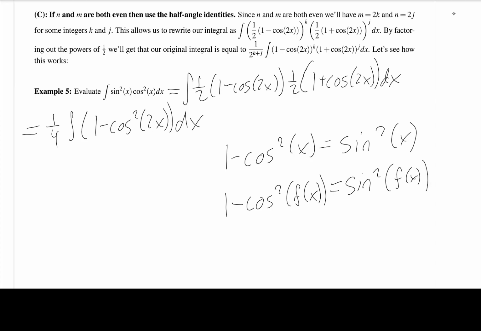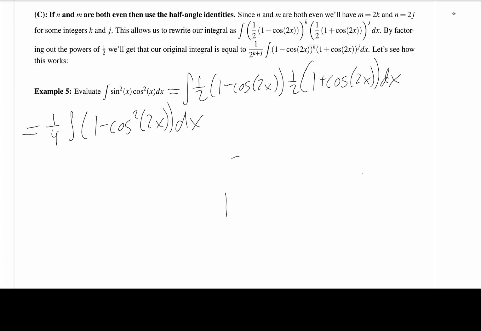So that means that 1 minus cosine squared of 2x is going to be equal to sine squared of 2x. So let's make that substitution. So this is going to be 1/4 times the integral of sine squared of 2x dx.